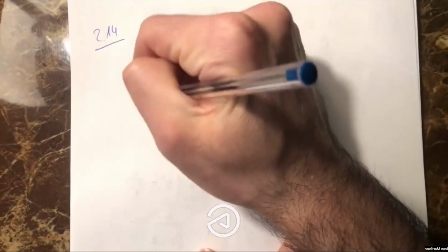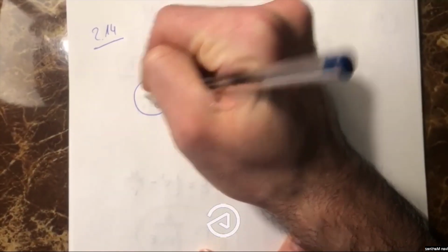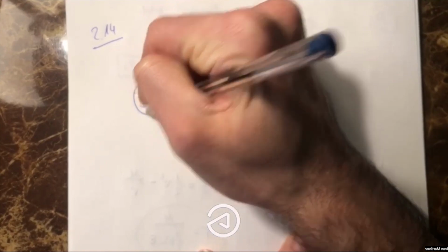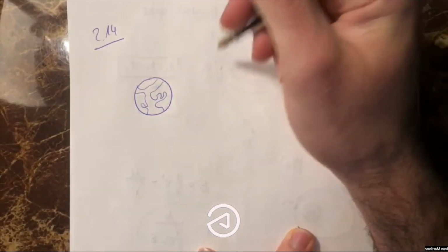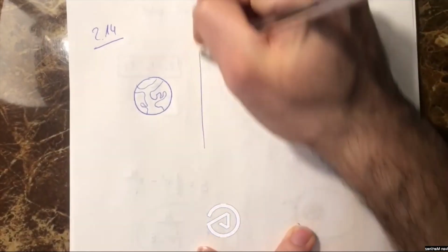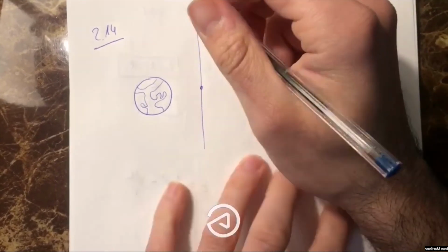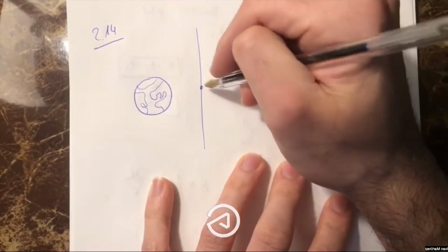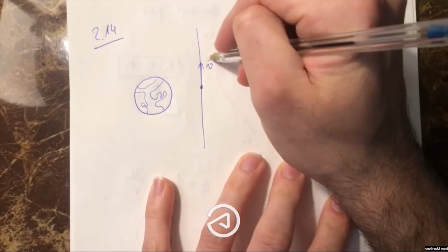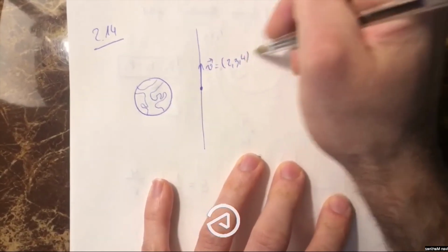So we have the Earth. We have a rectilinear trajectory. We have a given velocity vector 2, 3, 4.